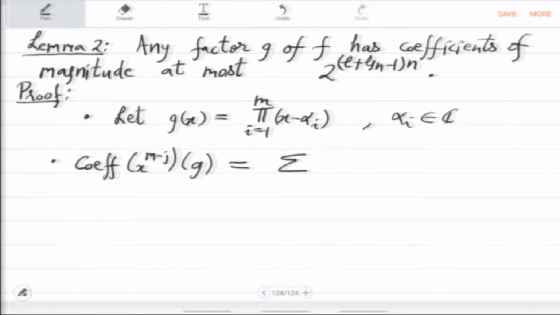So, basically pick j of these, a subset S of size j out of 1 to m, and then multiply these alphas.